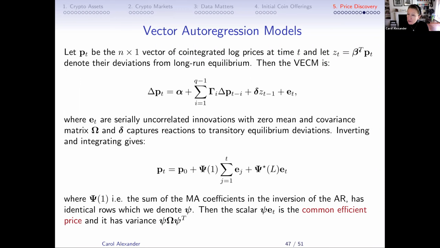The long run equilibrium is given by this vector beta, which is the co-integrating vector. If you had spot and futures, it would usually be 1 and minus 1 for a 2-dimensional spot futures co-integration. And then you get the corresponding sign on the delta.